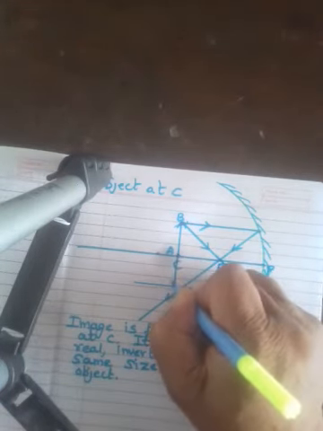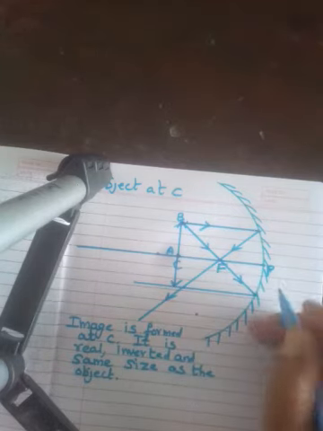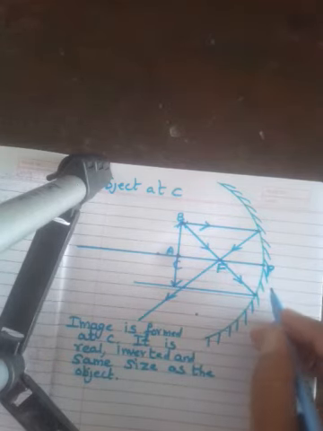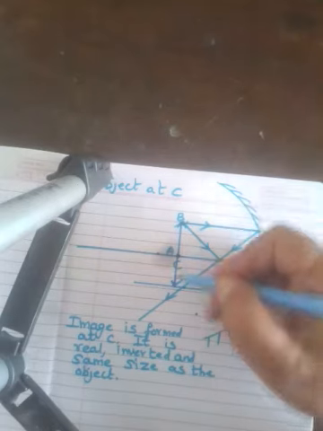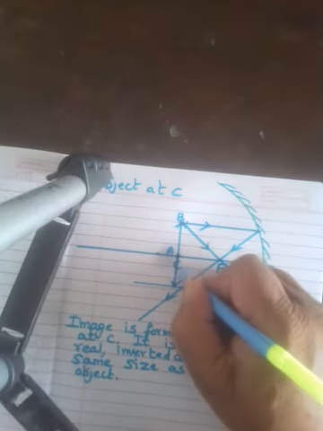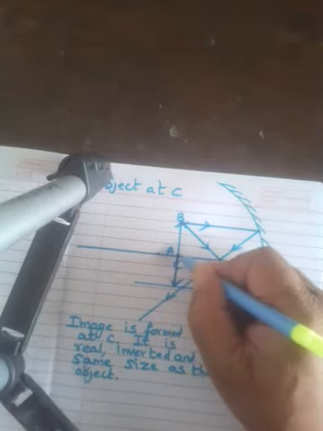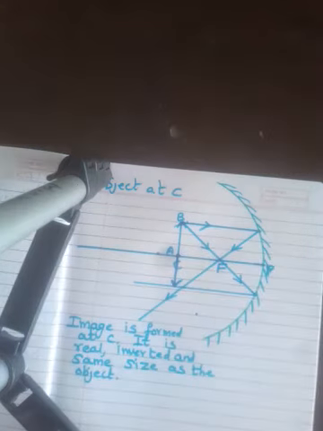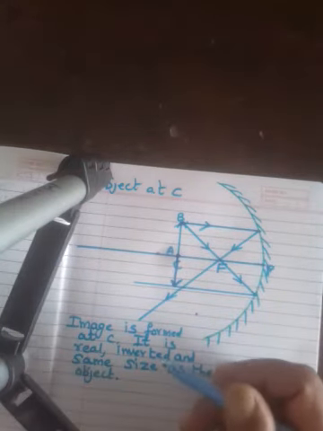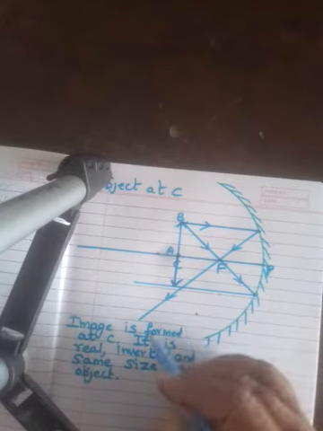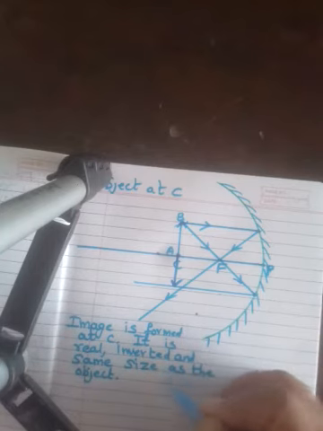exactly like this here. Somewhere the diagram has gone wrong, maybe here like this. So when the object is at C, the image will be formed at C itself, and it is real, inverted and the same size as the object.